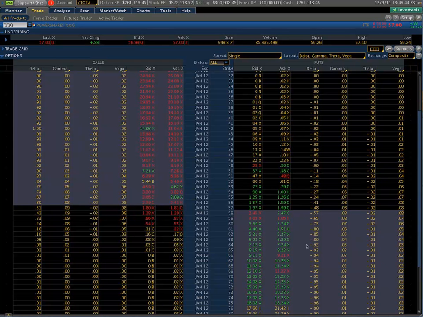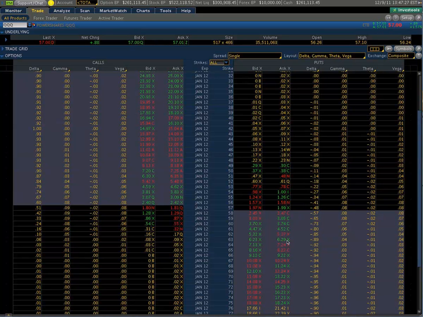And the same goes for in-the-money put options. This has a delta of minus 93 at the 65 strike price, and if the Qs were to drop by $1, you would have a gain of 93 cents profit if you were to purchase at this time. And if the Qs went up $1, you would lose 93 cents as well.